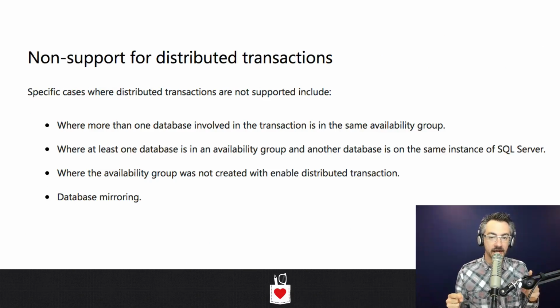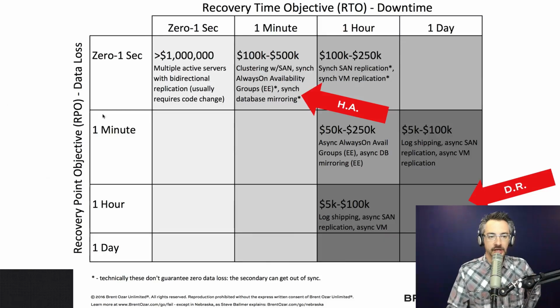When I do cross-database transactions, one of the databases has to be on server A, the other database has to be on server B, which is mind-blowing for a lot of shops that use multiple databases per application. So this is tough. Because we have multiple databases, that rules out synchronous always-on availability groups. It also rules out synchronous database mirroring.